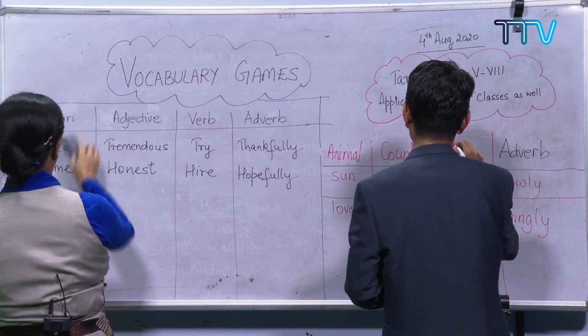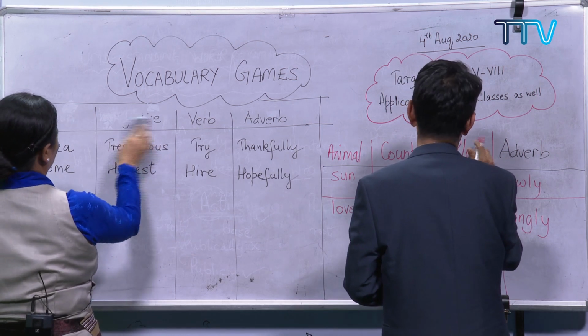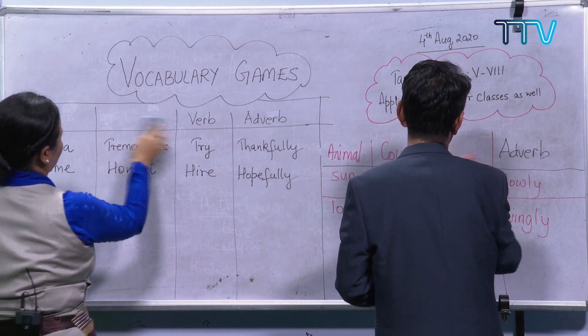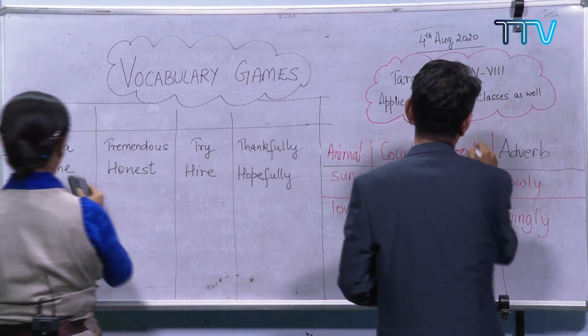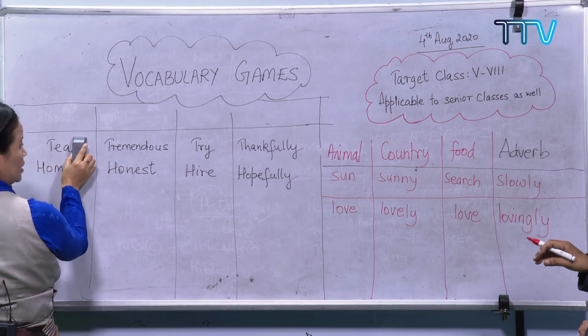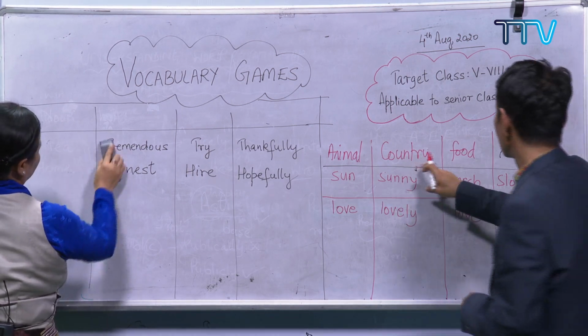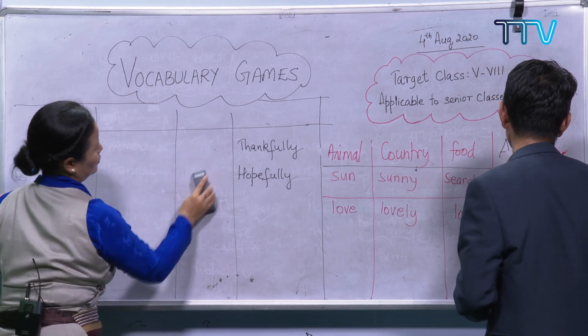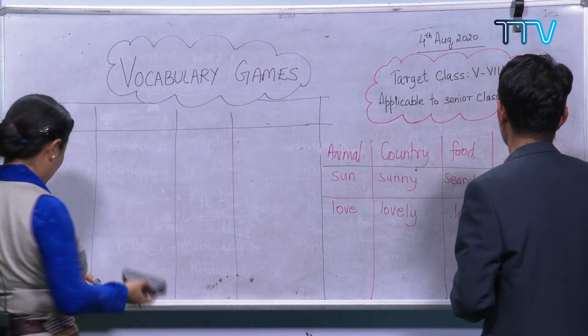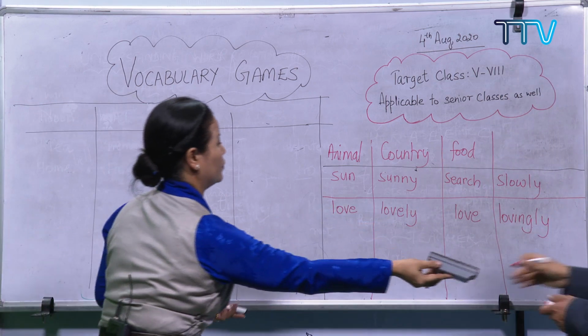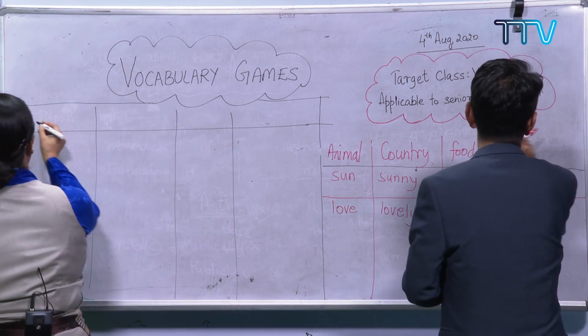What should I say? Food. Okay, so do I have to remove this one? It's okay. Animal, country, food. What else should we put?